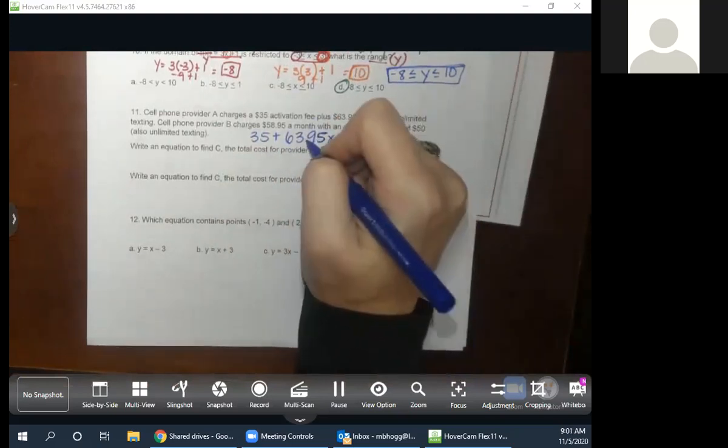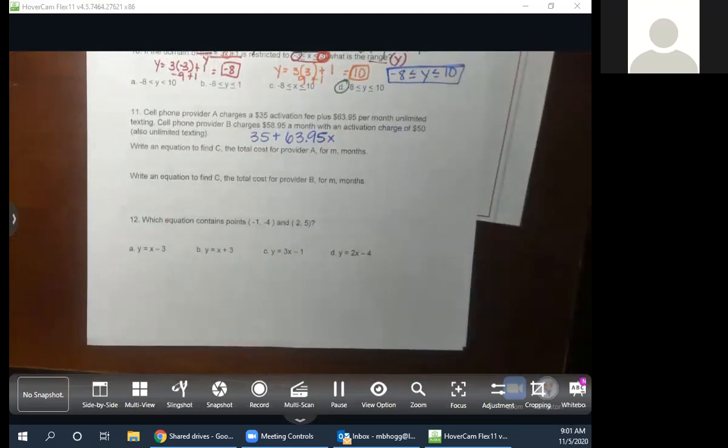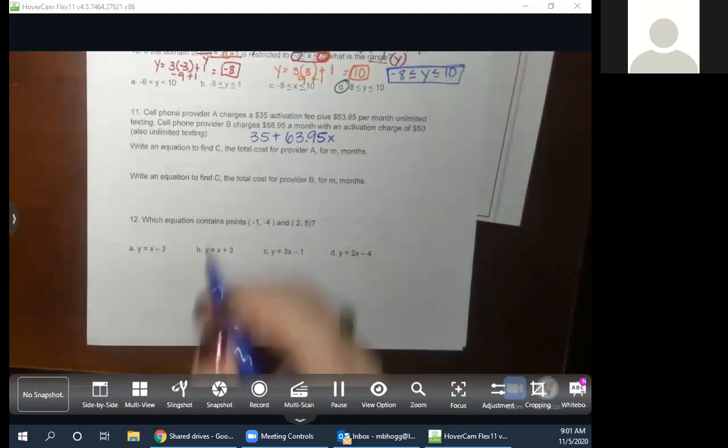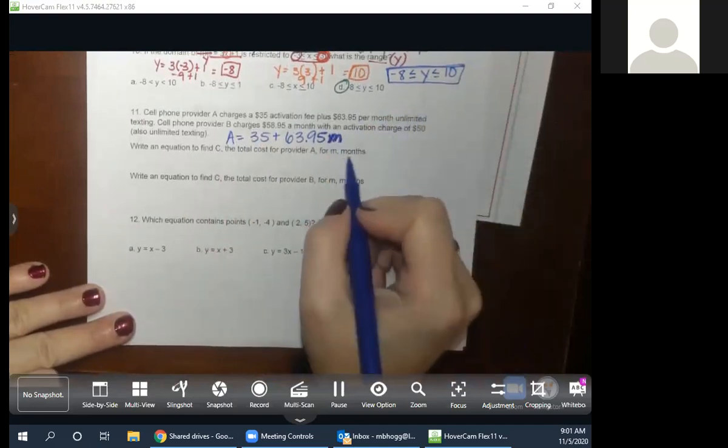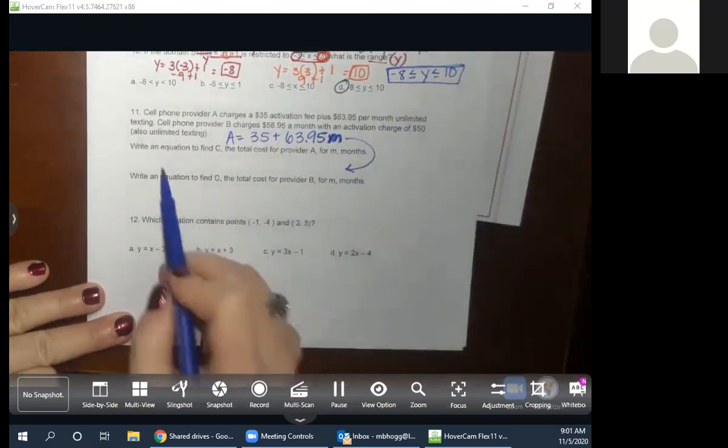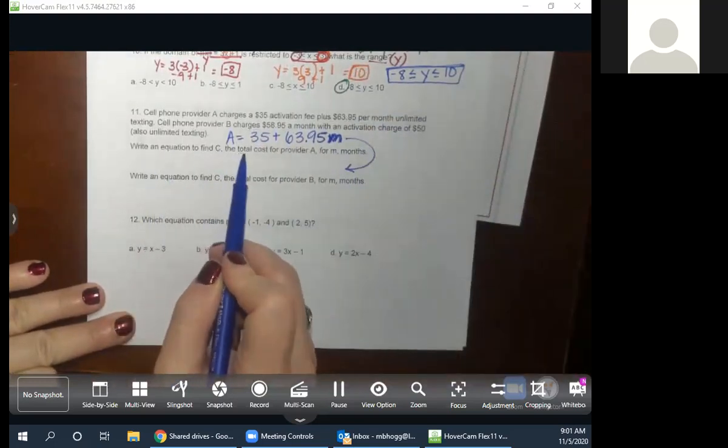So per month means that's going to be what you multiply by x. So that's A equals that. Oh, I guess we should use M instead of X because it says that for this answer. We just wrote an equation.